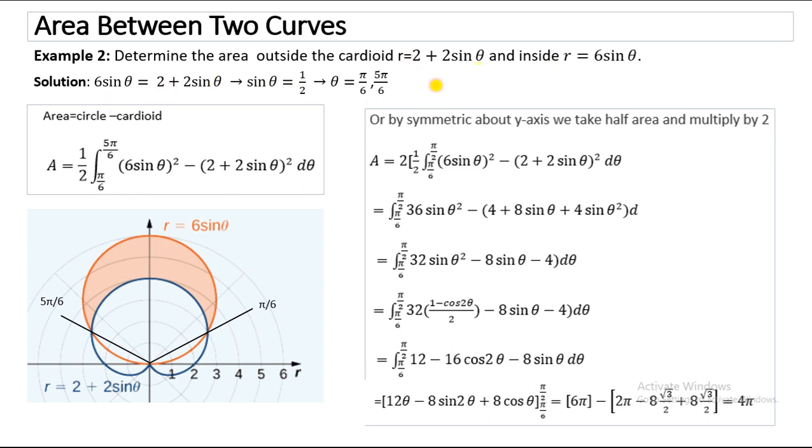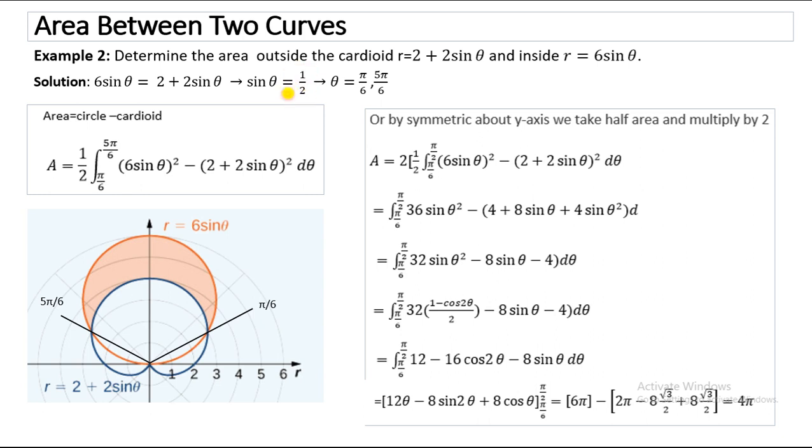Solution. I want to intersect this and this to find the intersection angles. This equals this: 6 sine theta equals 2 plus 2 sine theta, which implies that sine theta equals half. Sine theta is positive in the first quadrant and in the second quadrant.